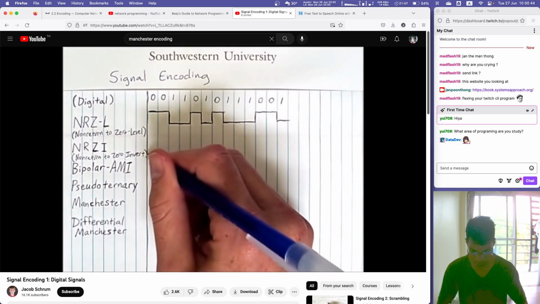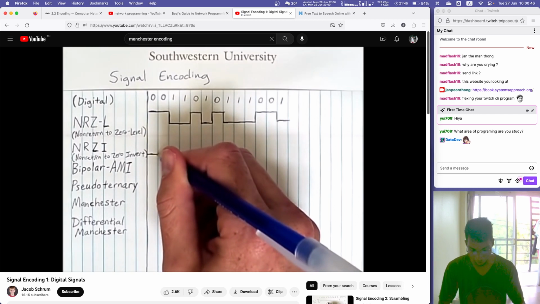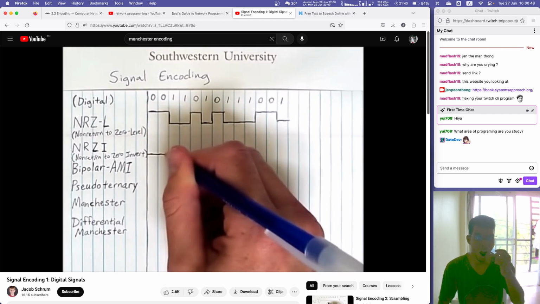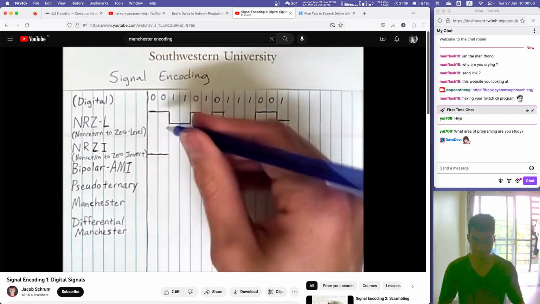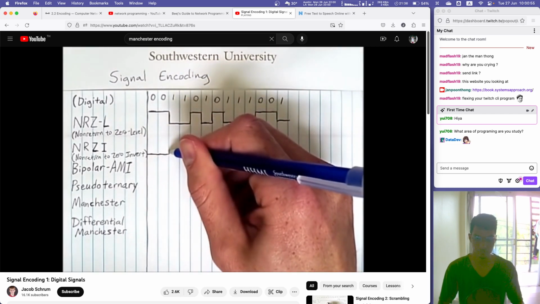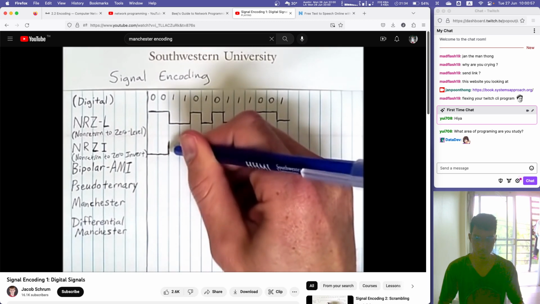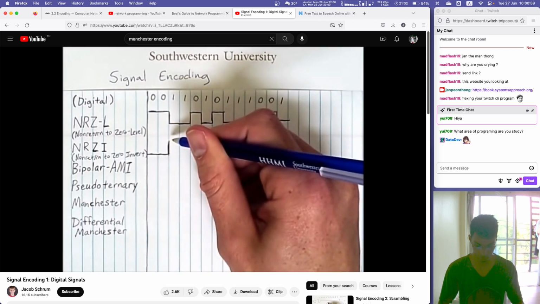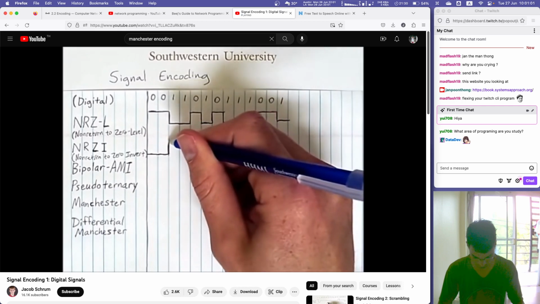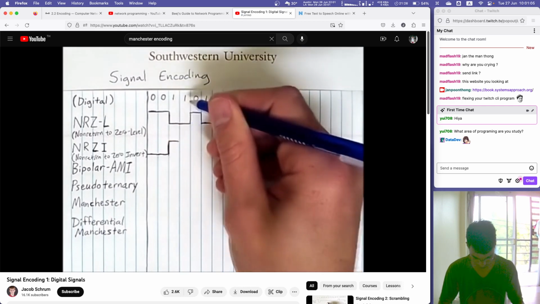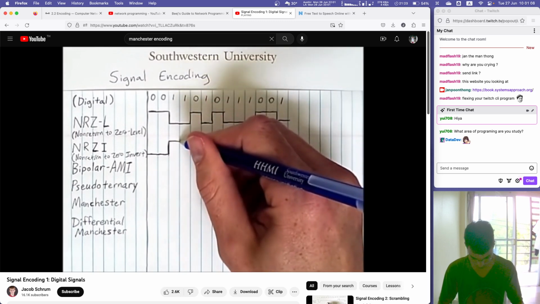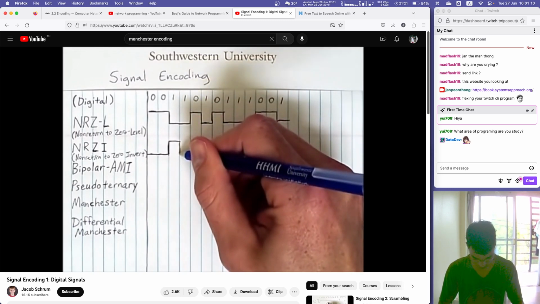So I start at the low voltage level, I have a 0, so I stay at that level still, but then when I encounter a 1, the voltage level jumps, and it is this change in voltage level that indicates that a 1 is what is being encoded next. And then we have another 1 occurring, so we change the voltage level again.